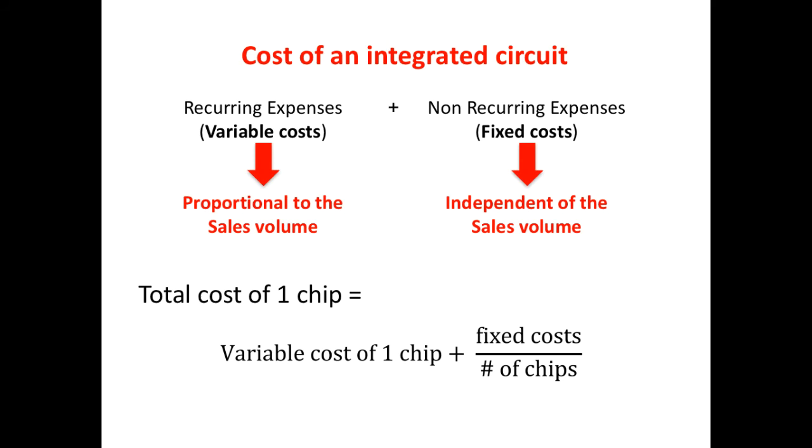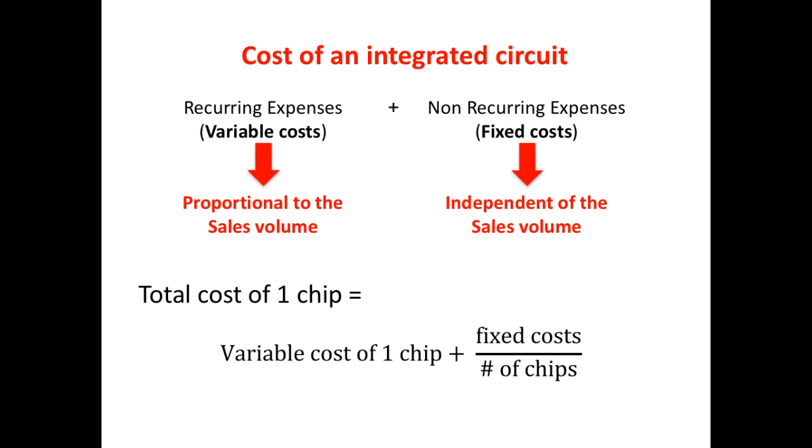So they are proportional to the expenses that you have for each additional chip that you make. And then in addition to that, we have the so-called non-recurring expenses, which are also called the fixed costs. For simplicity, we can say that the fixed costs are the costs that are independent of the sales volume. For example, design is a fixed cost.